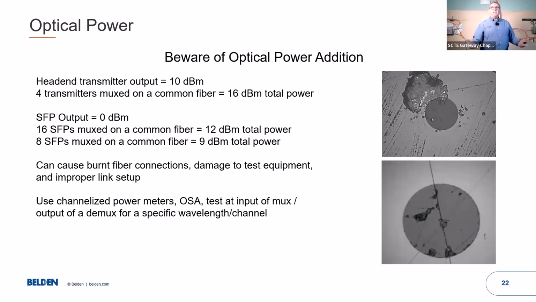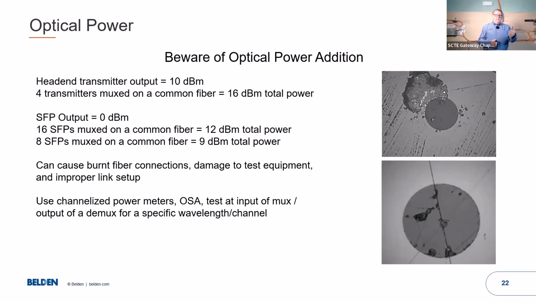So in the world of muxes, we get to the point where you have a 48 channel mux, 24 channels going to the field, 24 channels coming back from the field. And remember the world of power, right?